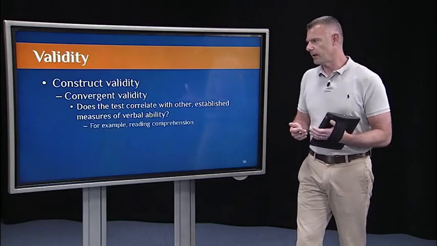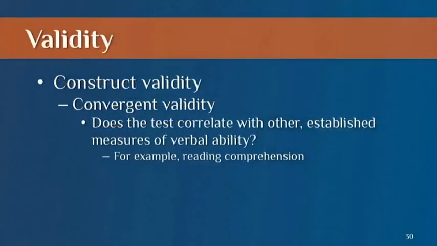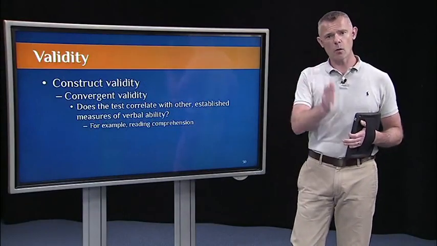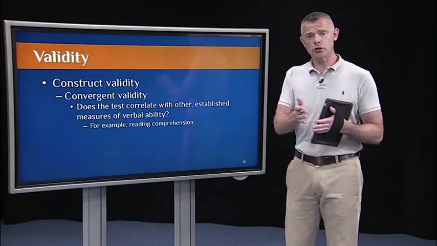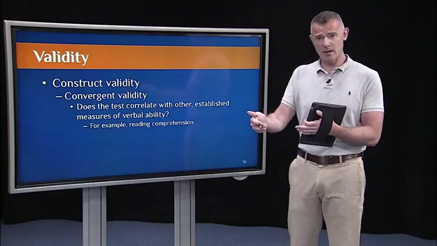So that's a real simple one. The next two go hand in hand, convergent and divergent validity. So the idea of convergent validity is scores on this test, however I've operationalized the construct, this vocabulary test, should correlate well with other established measures of the same construct.